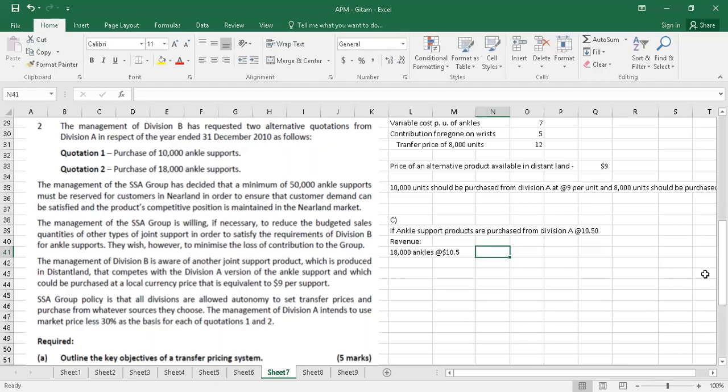How much would it be? Less variable cost.